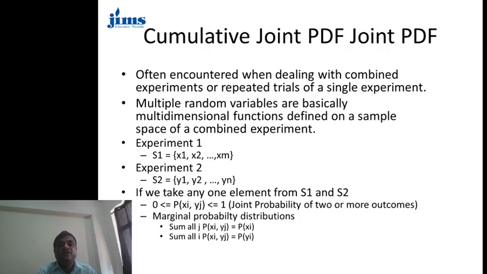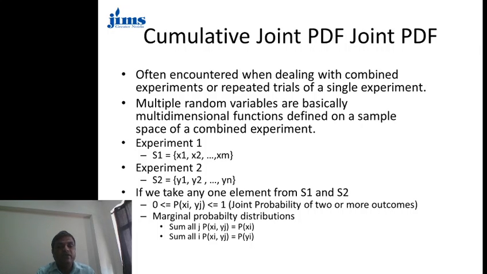Similarly, the joint cumulative PDF is often encountered when dealing with combined experiments or repeated trials of a single experiment. Multiple random variables are basically multi-dimensional functions defined on the sample space of a combined experiment. For example, experiment 1 has outcomes x1, x2 and so on, and similarly experiment 2 has outcomes y1, y2 and so on up to yn.